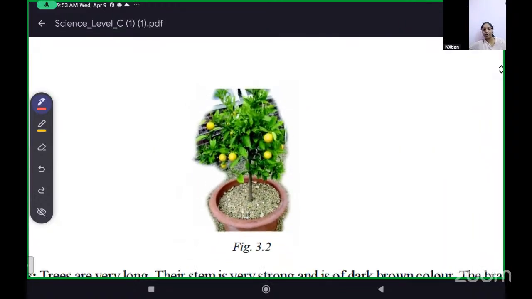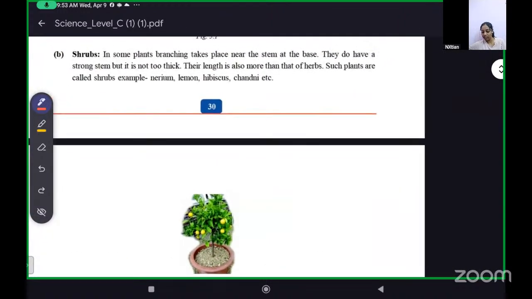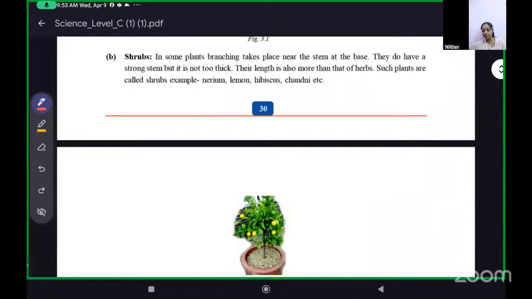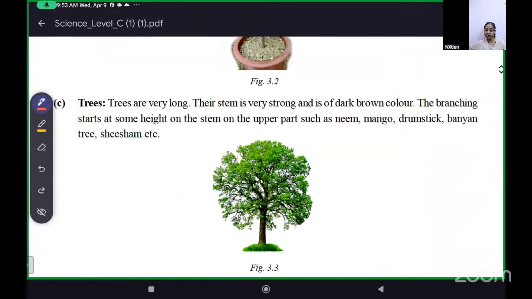They are a little more than herbs, but not very big, medium sized. Shrubs like nerium, lemon, hibiscus, chandani, etc. are some examples.